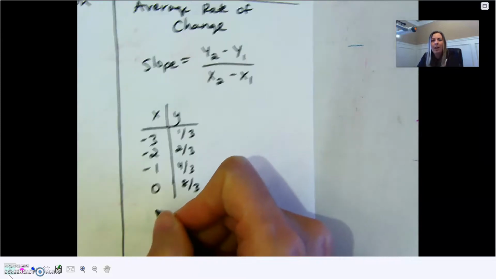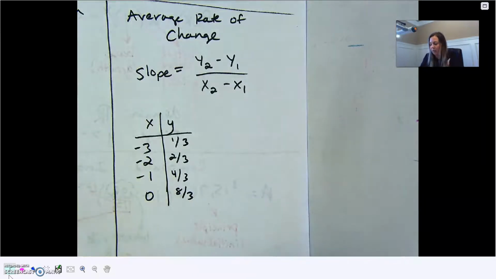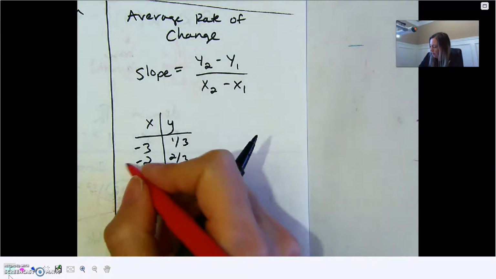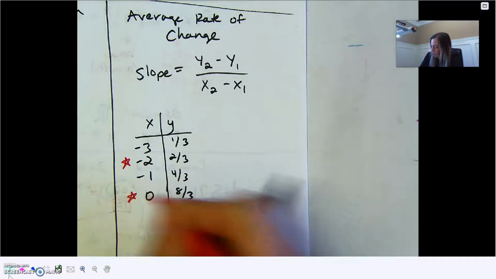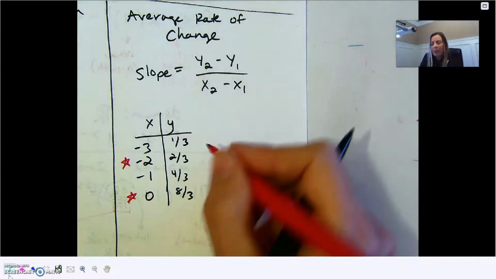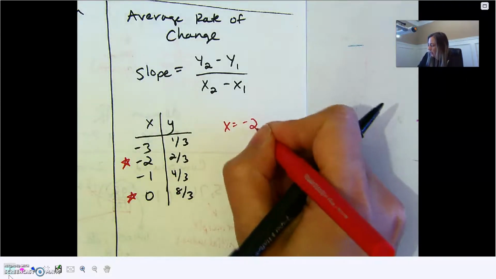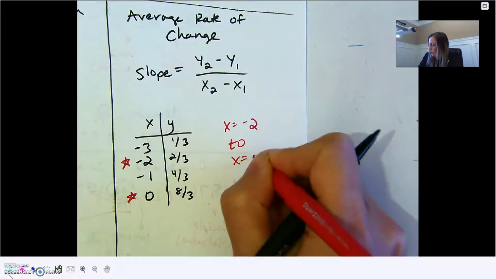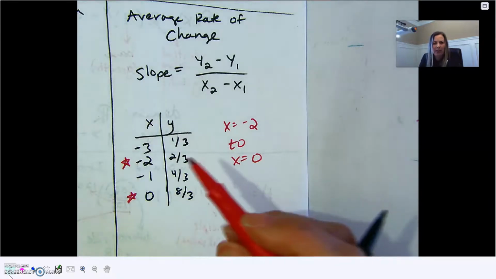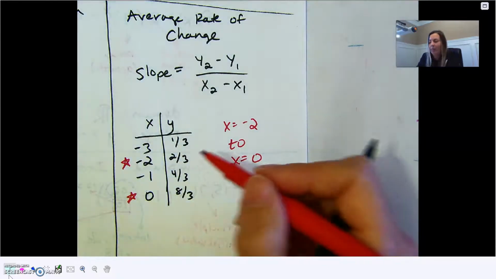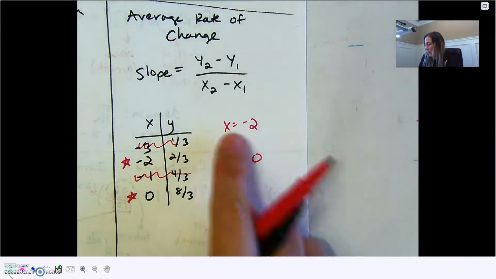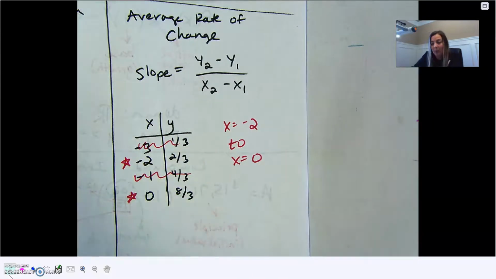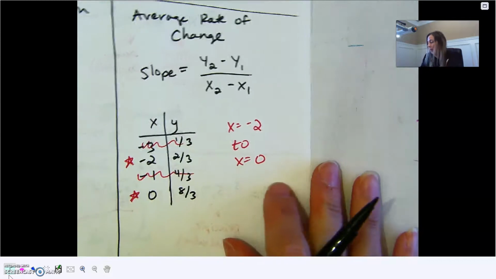I want to know what the average rate of change is from -2 to 0. What I recommend doing is scribbling out all the other values. We don't need you. We just want to focus on -2 to 0 because that's what the problem is asking for.